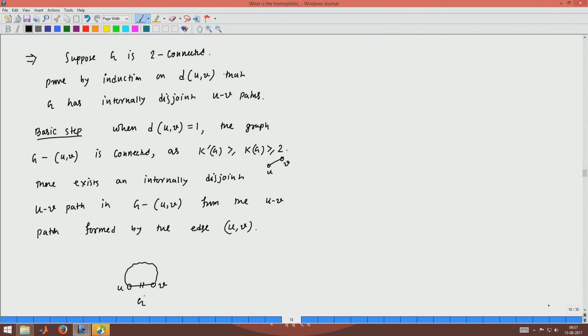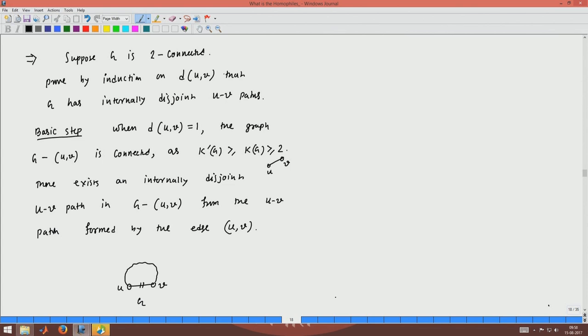So in the graph G there are two paths: one is this path, and the other is the path obtained by using the edge itself. So we proved that when the distance between u and v is 1, there exist internally disjoint paths between u and v.